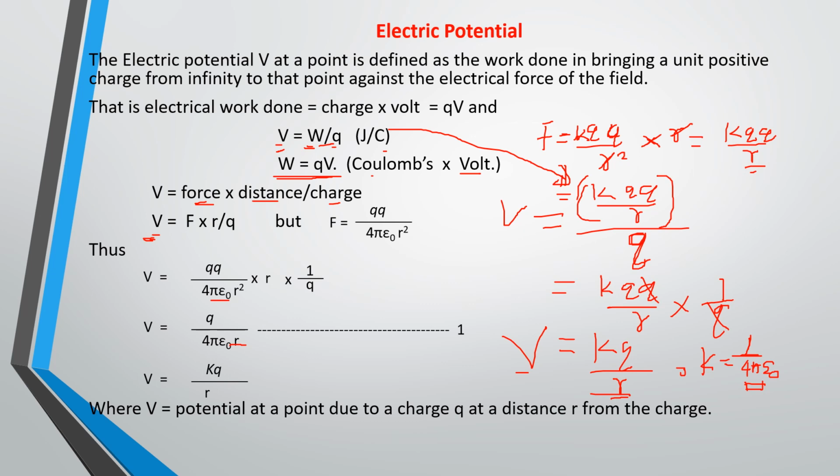If you remember that, you'll see that this equation is exactly like this. So this equation gives you the electric potential at a point due to a point charge at a distance from the charge. So that is the equation for the electric potential.